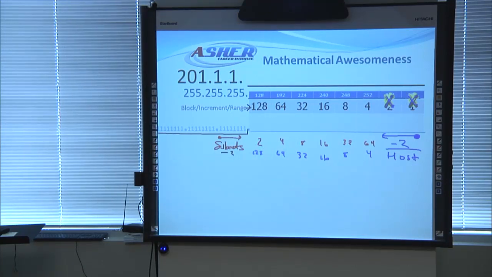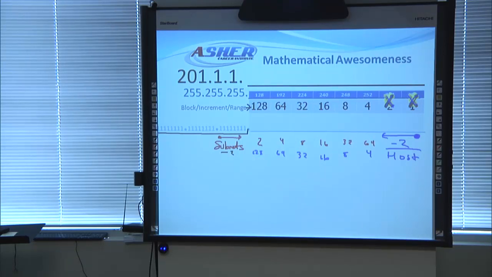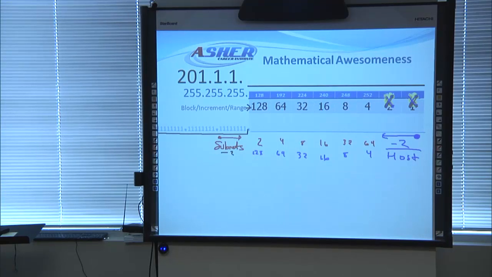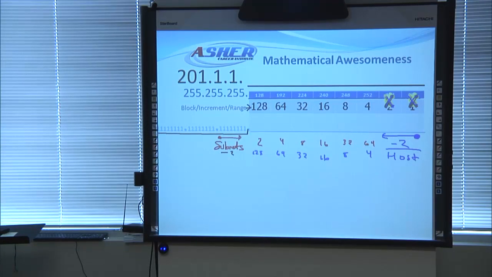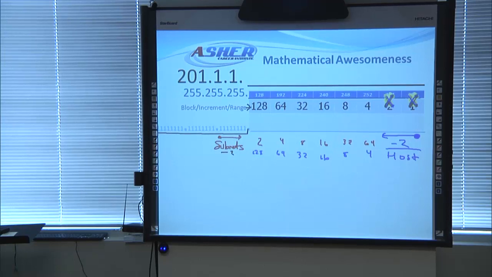Okay, so if you need 60 computers or 60 hosts, which one is your block out of all of these?